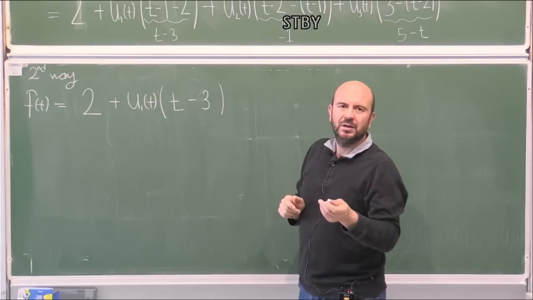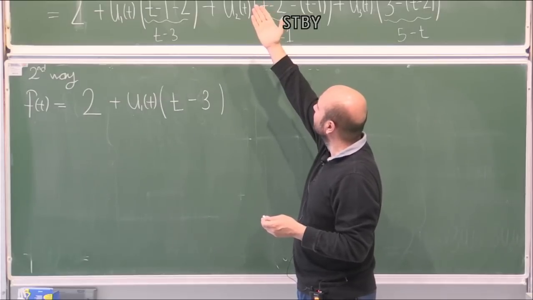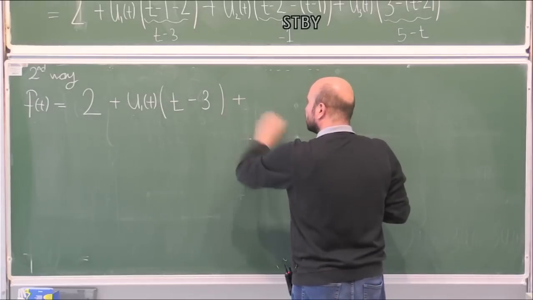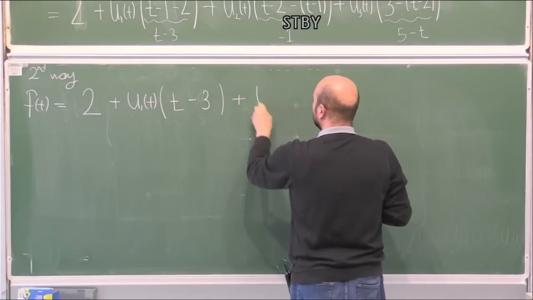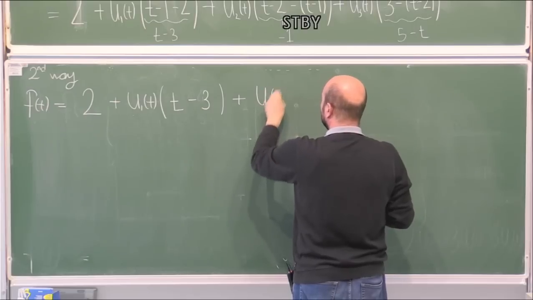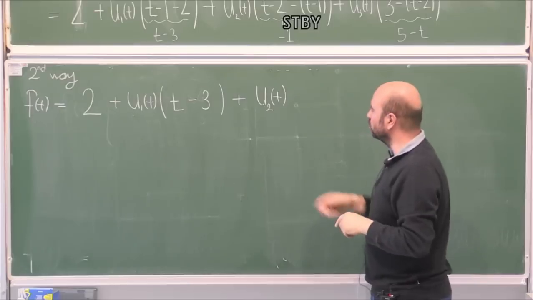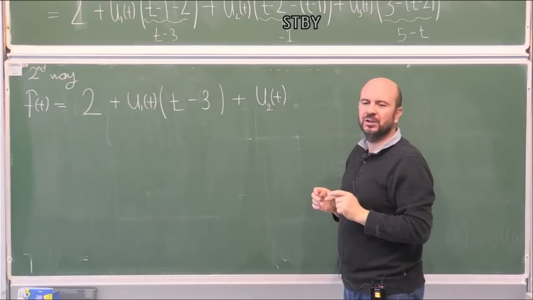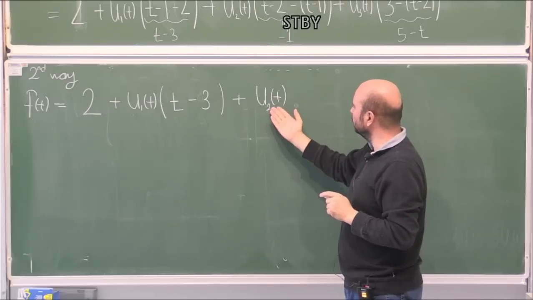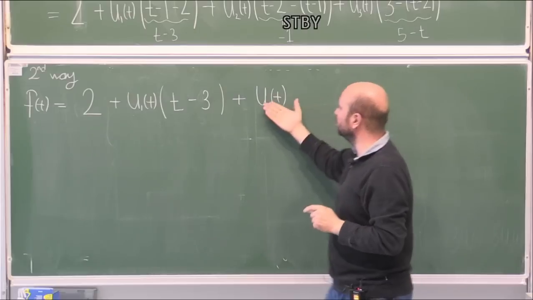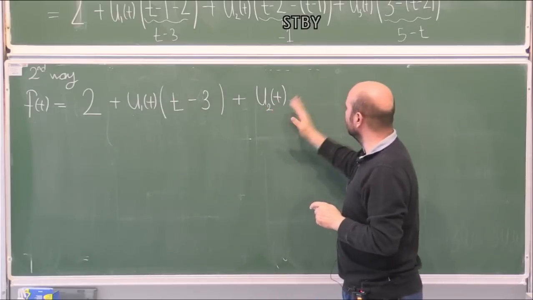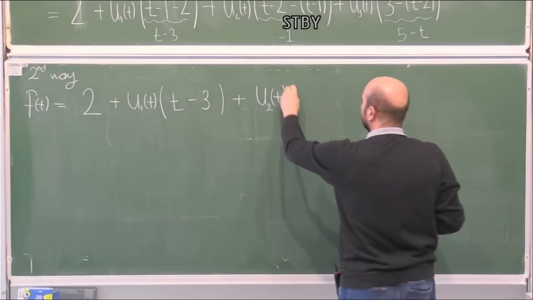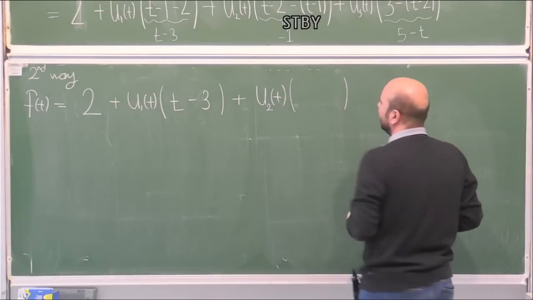But our function is not like that. So there's something happening at 2 too. So, a change is coming at 2. So I'm writing u2 here because I can control the change at 2 by using the unit step function at 2. Because before 2, this will be 0. There is no effect. After 2, I have to add this thing to this part. Okay. Now, what should I add?